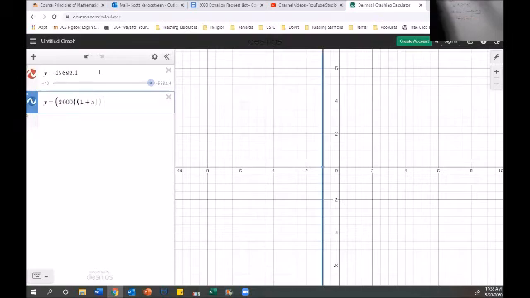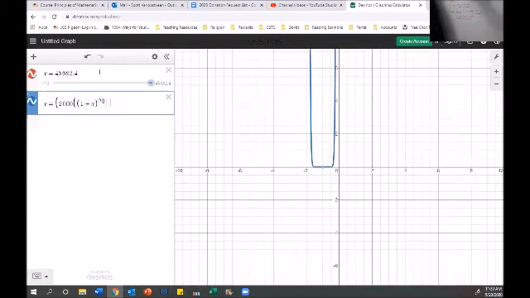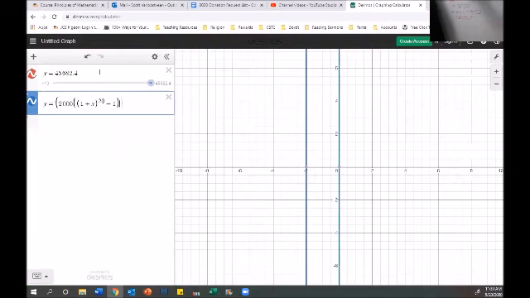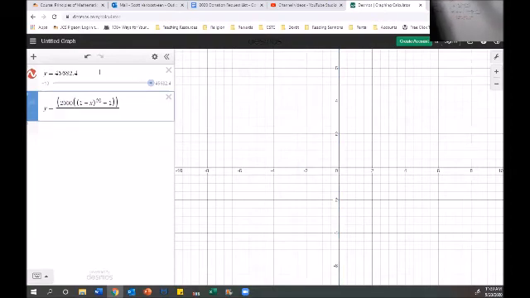I could type in I, it would probably be fine. It's so smart, this Desmos thing. To the power of 20 over minus 1, close bracket, close bracket. I'm going to divide that whole thing by x, which I'm letting x be I in this situation.